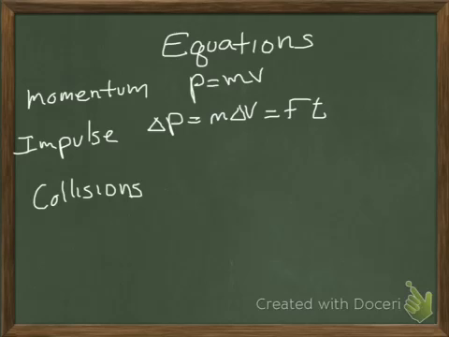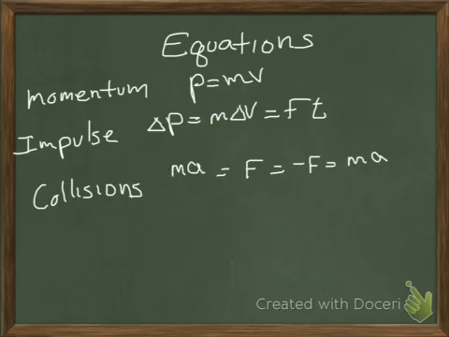Now, in order for us to figure out collisions, we need to go back to Newton's second and third laws of motion. So, for every action there is an equal and opposite reaction. And we know from Newton's second law that these forces come from masses and accelerations.